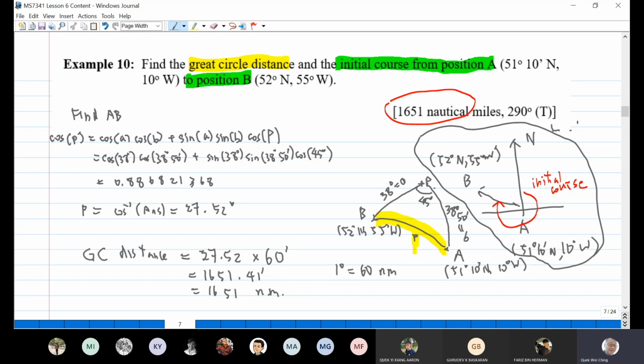This will give you the great circle distance between A and B. So the method to convert to nautical miles is to multiply by 60, in case you don't know. Multiply by 60. So when I send this to you, you'll have answered the first part of the question already.